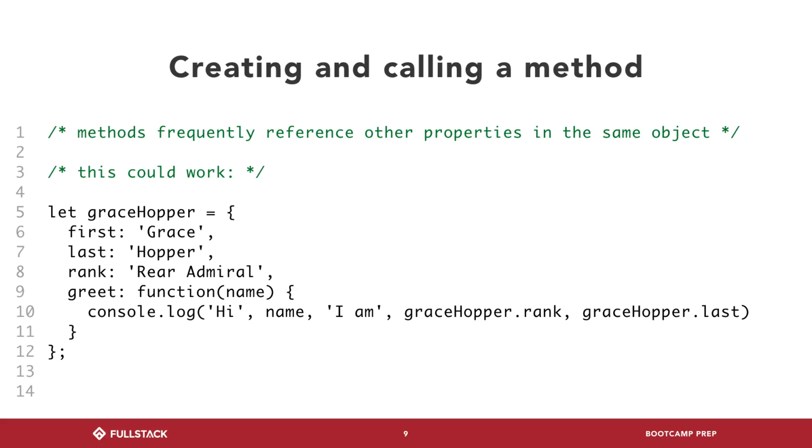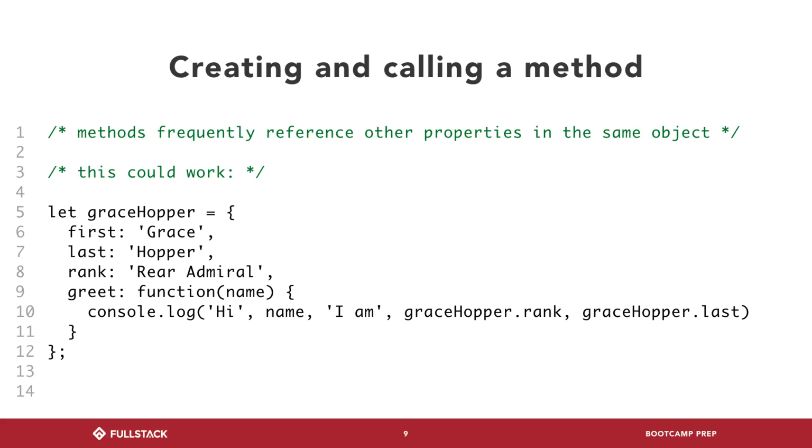So here, notice how before I had to manually type in, hi, I am Rear Admiral Grace Hopper. It's fine, except if I was to create another object, then I would need to retype all of that too. Grace, Hopper, Rear Admiral, those are all values that already exist in our object.